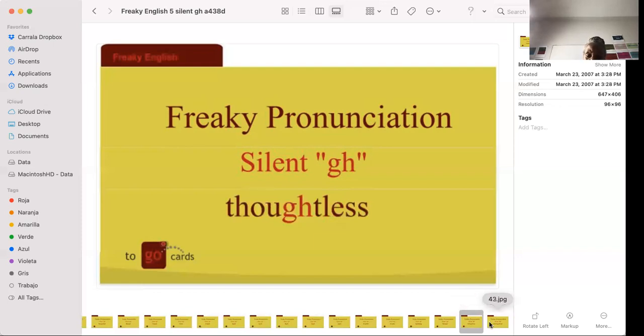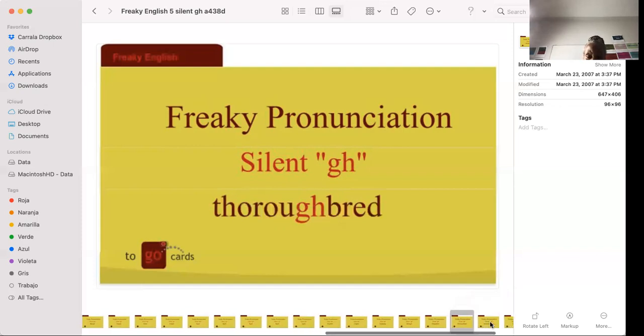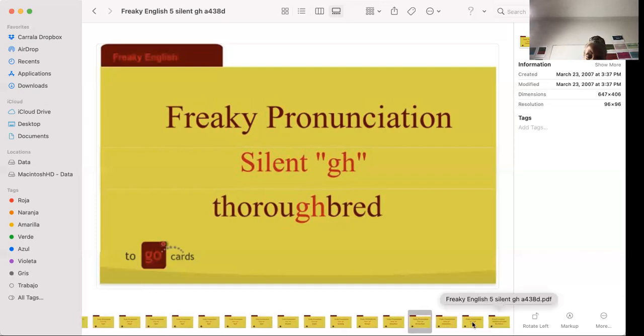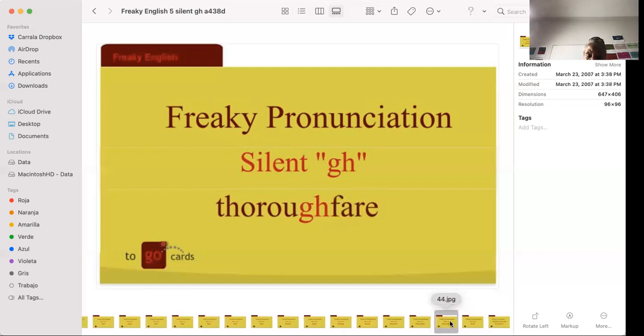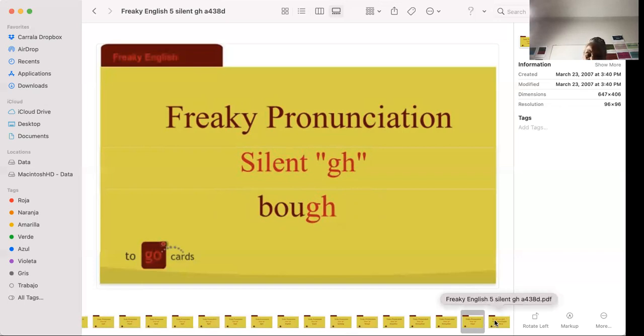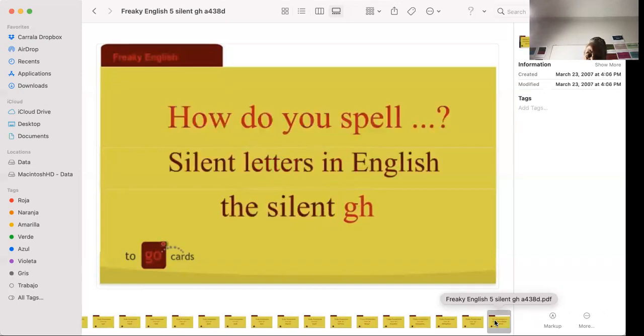Thoughtless, you're not thinking. It's the opposite of thoughtful. Thoroughbred. Thoroughfare. Bow or bow. And we're back to the silent G, H. No sound.